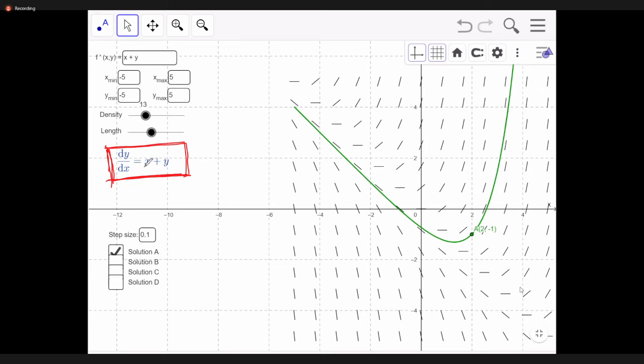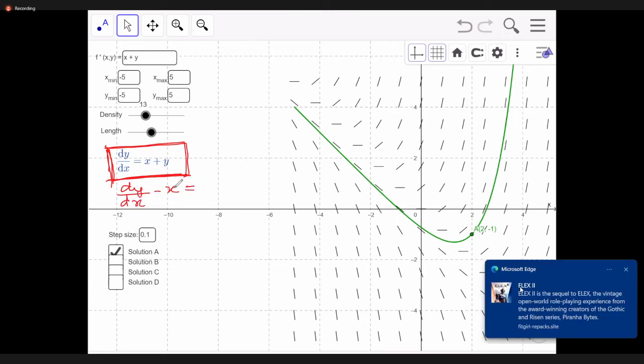Leibniz. Are you sure? Whenever I ask like this, you should be 100% sure. Yes, ma'am. Okay, very good. So we can rewrite this as dy by dx minus y is equal to x. Is that correct?